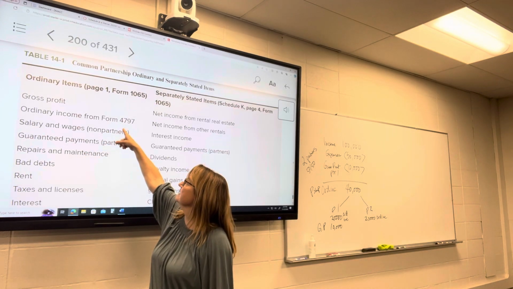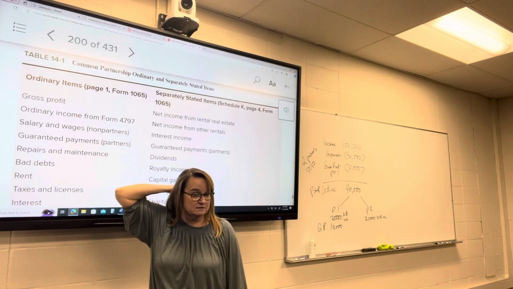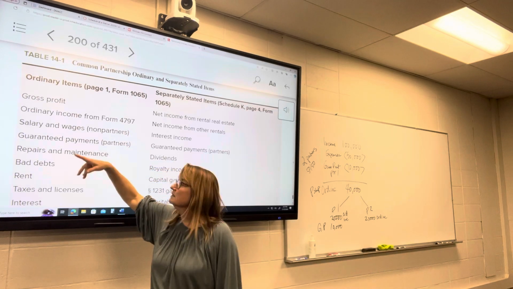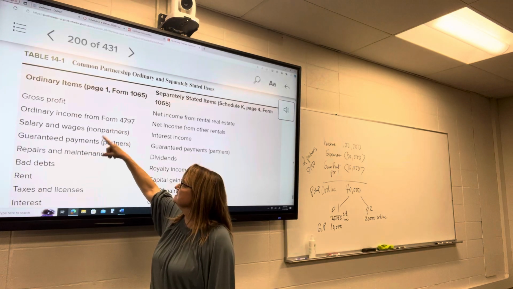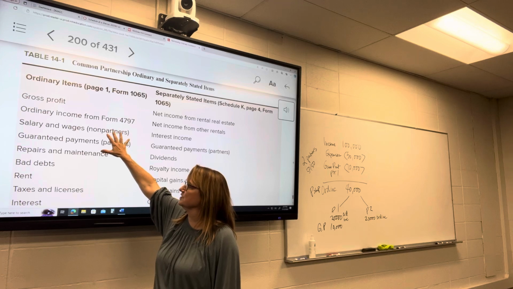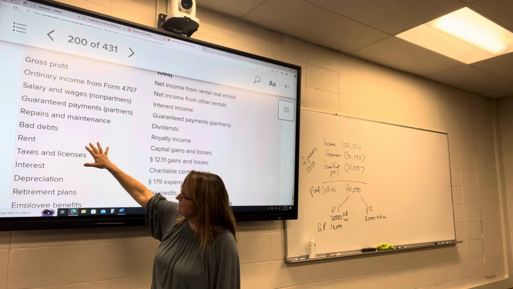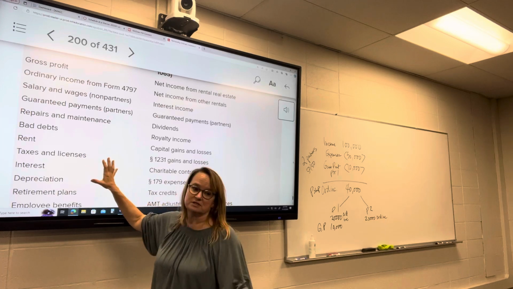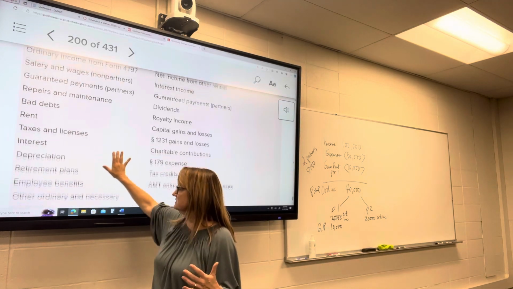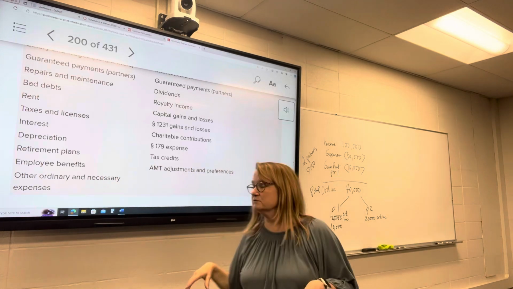Any ordinary income from Form 4797, that's for sale of assets, remember from Chapter 7. Salaries and wages of non-partners, these would be deductions, obviously. Guaranteed payments to partners, repairs and maintenance, bad debts, rent, tax. This is just a list of different types of expense items that would be included. Of course, it's not exclusive.